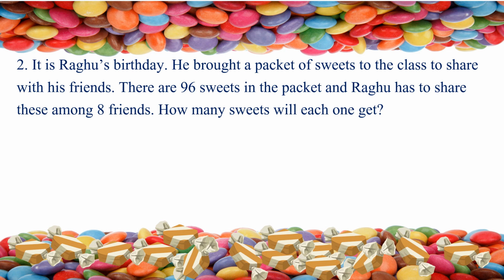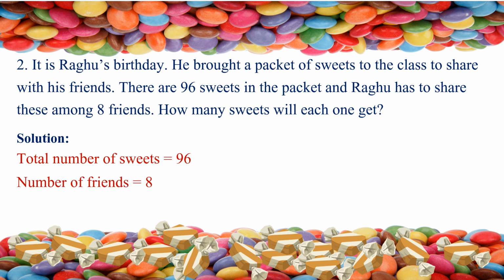In a sweet packet there are 96 sweets. So total number of sweets in one packet is equal to 96. So he has to divide among 8 friends. So number of friends is equal to 8. So each one will get how many sweets? So we need to divide 96 by 8.